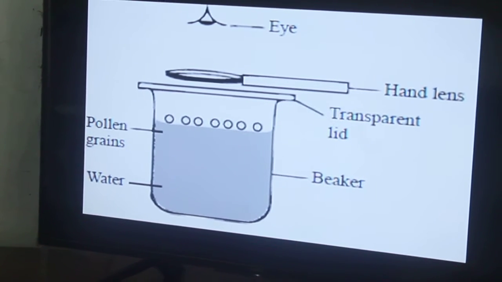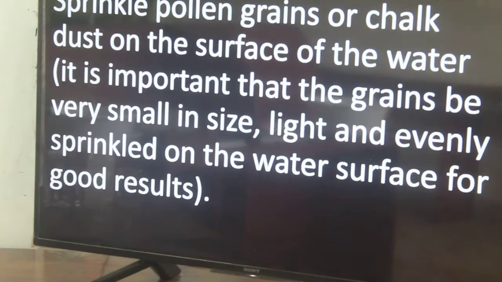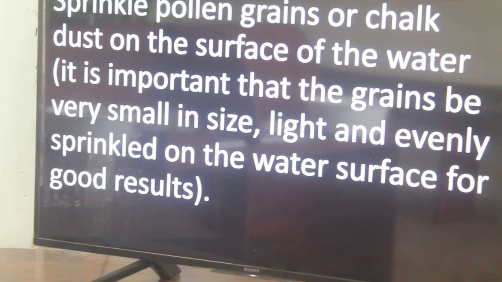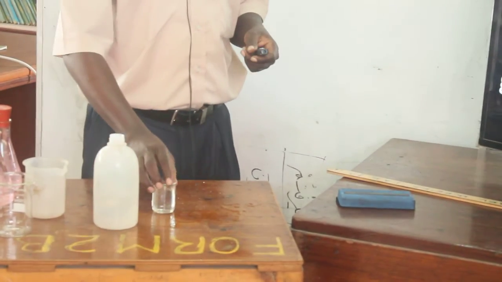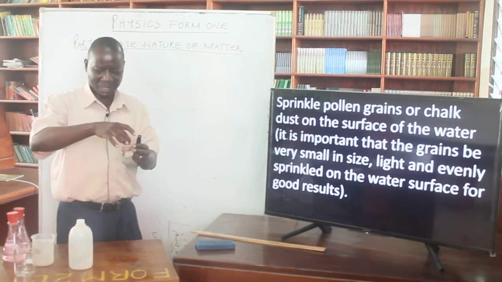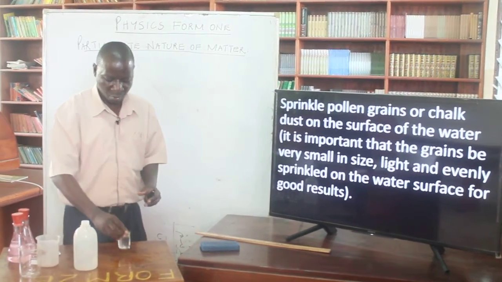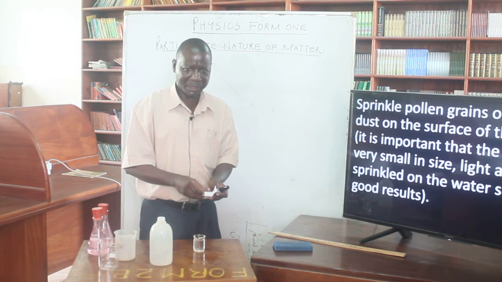Then we sprinkle some pollen grains or chalk dust. We have pollen grains here, so we are going to sprinkle some pollen grains on the surface of the water.